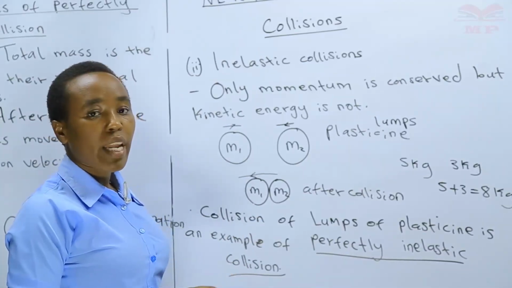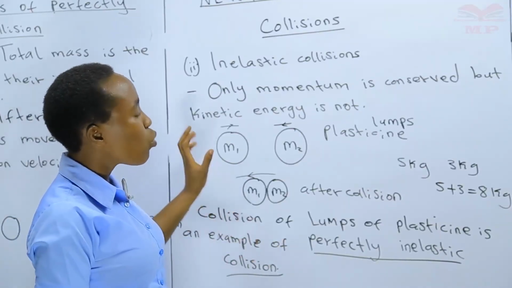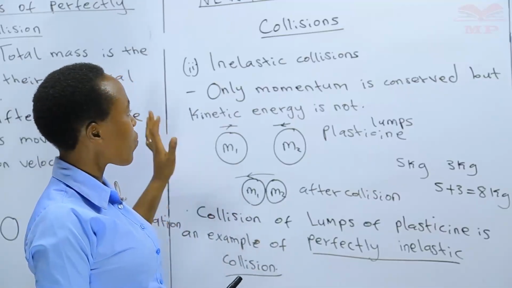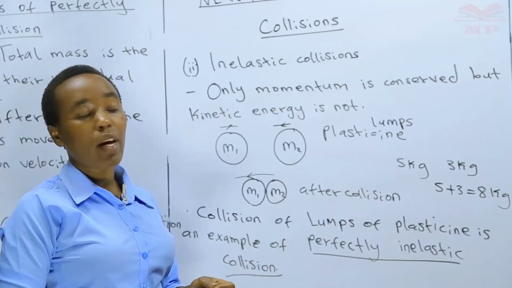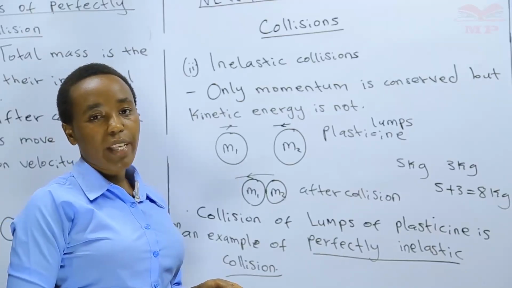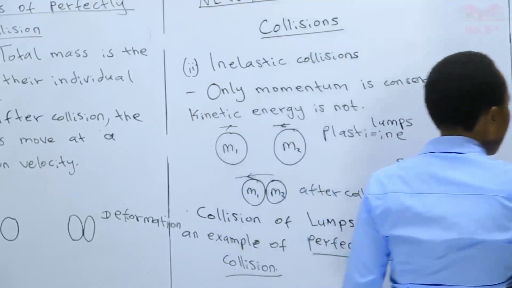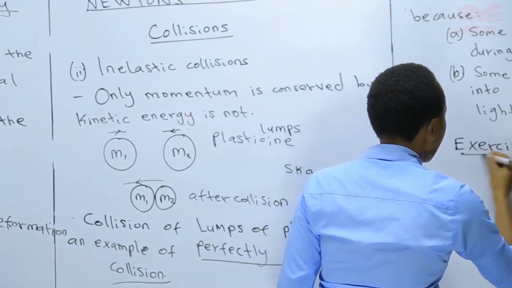So I'd like to give you an exercise. During the next lesson, we'll get into numerical calculations for the types of collisions, and also apply the law of conservation of linear momentum.